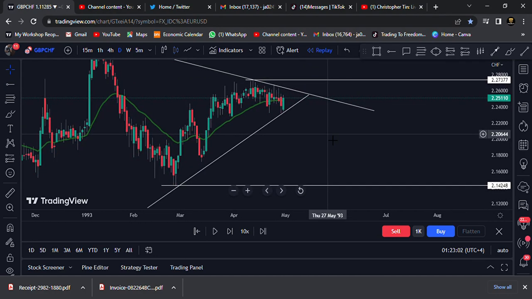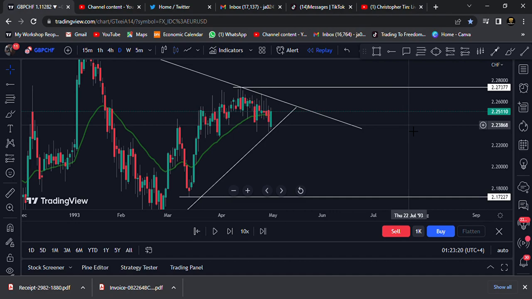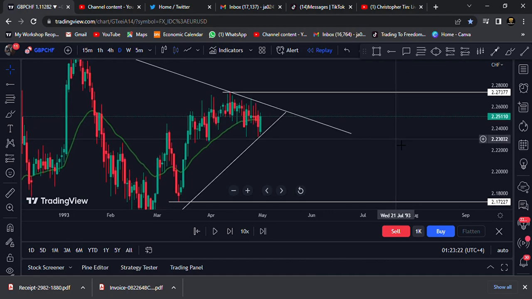So these key levels, they help us to enter and get out. So they determine whether we have to buy or sell. Because you don't just buy anyhow, you have to understand demand and supply, and then you'll be able to make a decision whether to buy or to sell.